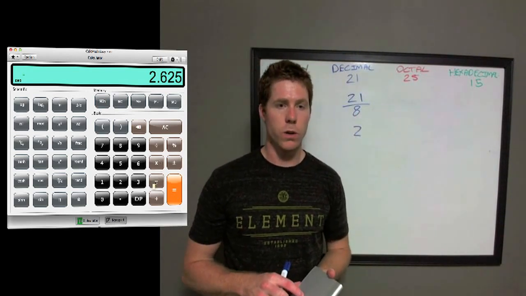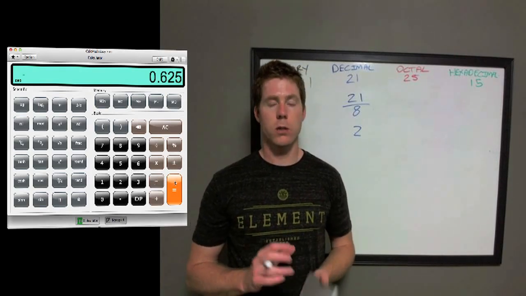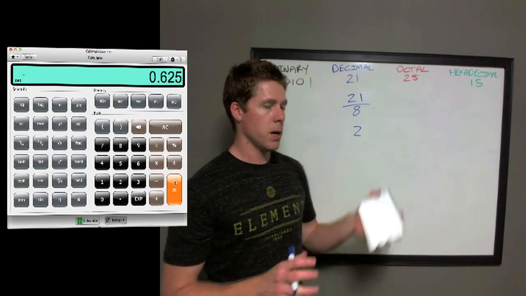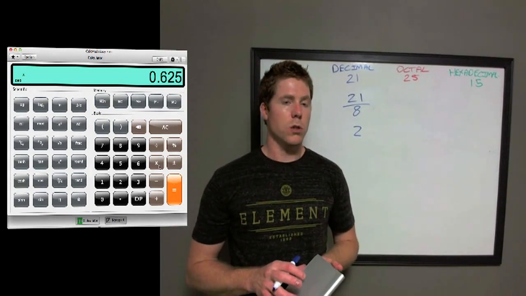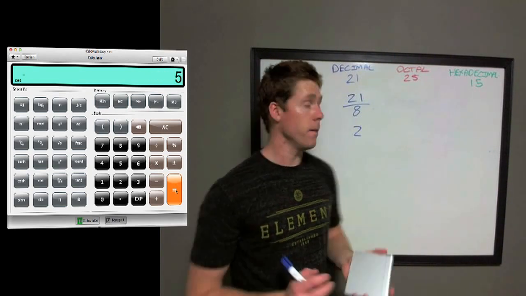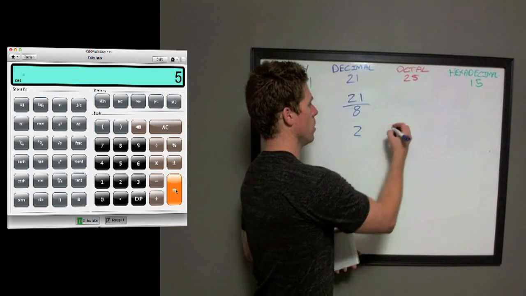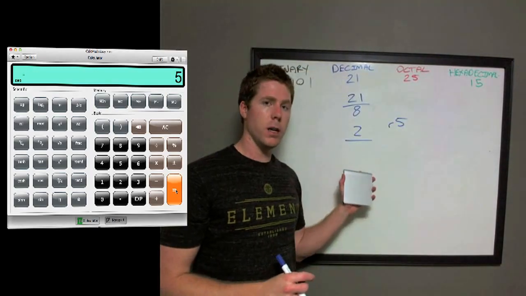To figure out what that is, we take away the 2, which leaves us with the numbers past the decimal place. What is 0.625 of 8? We just multiply it by 8 and find out that it's 5. So it's 2, remainder 5. We keep dividing by 8 until we get to 0.